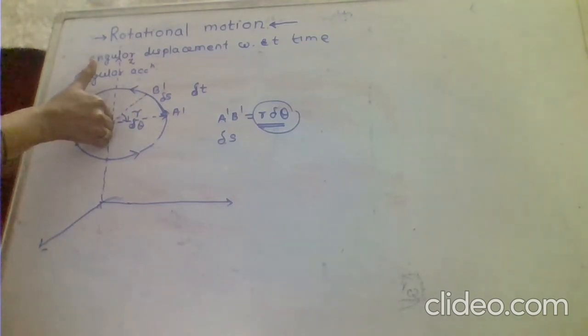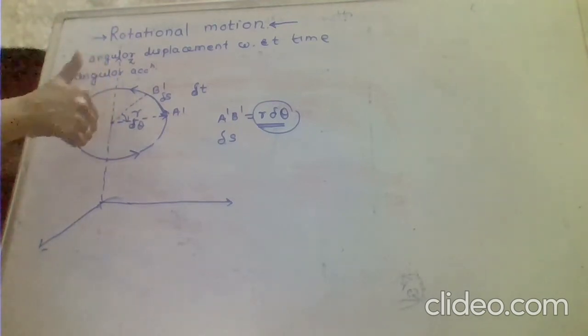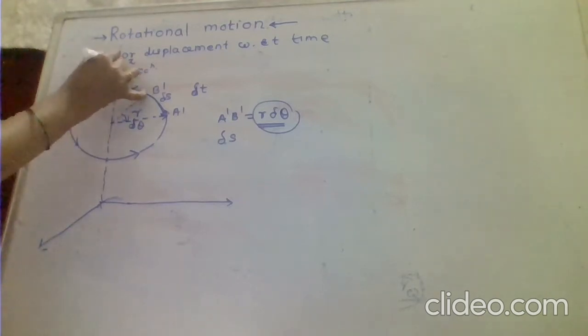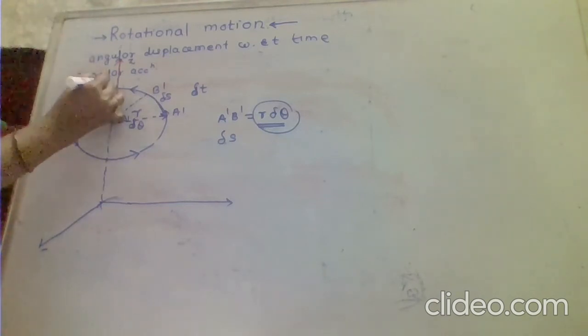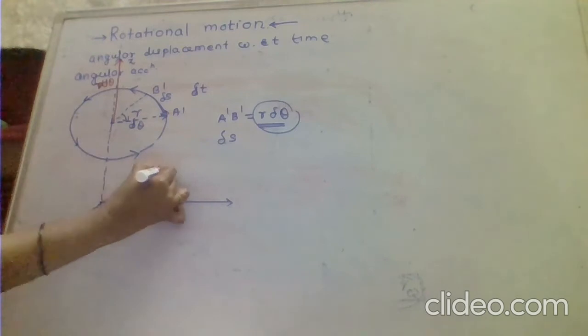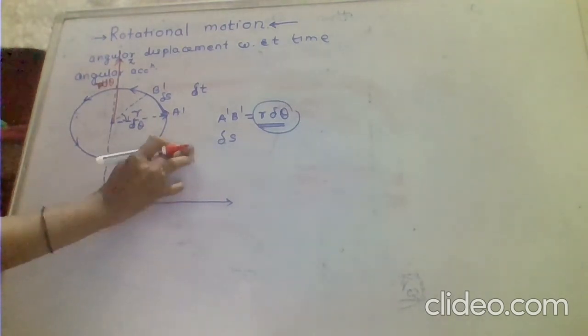Then the stretched thumb gives you the direction of angular displacement. So this will be the direction of angular displacement, d theta. Angular displacements are d theta. Now the instantaneous angular velocity omega is the rate of change of angular displacement.